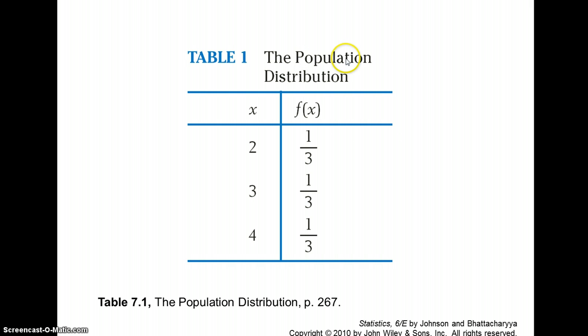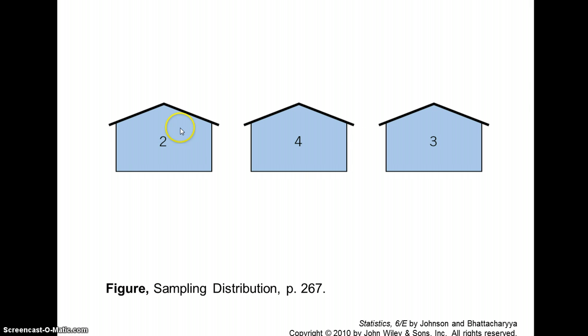But this is a population distribution because we're talking about the entire population, which is these 3 units. Be careful here. Although population most of the time has a huge set of data, maybe millions of people, in this example, to make it easy, the population only has these 3 units.